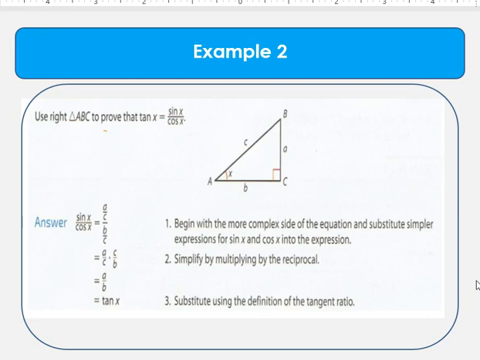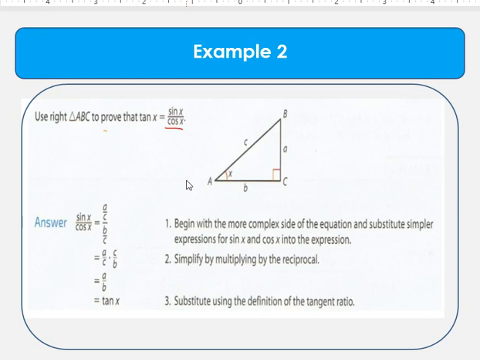And I'm sorry if this is a little difficult to read. I took it straight from our text. So we're going to use triangle ABC to prove that tan angle x equals sine x divided by cosine x. Let's take this sine x divided by cosine x and simplify it. And this is what they were talking about in the last slide.